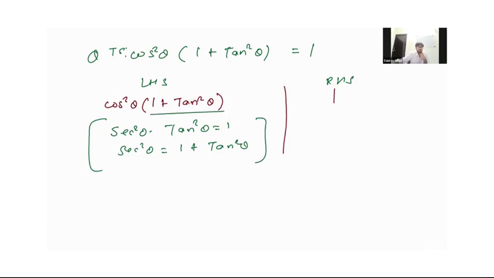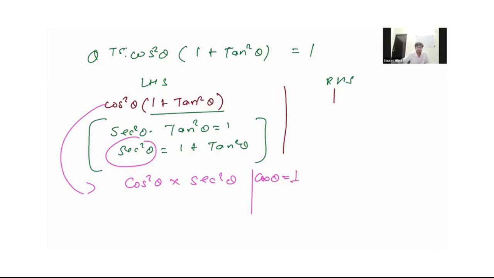So 1 plus tan square theta will be sec square theta. So we will write this as cos square theta into sec square theta. And we know that cos theta is equal to 1 by sec theta, or sec theta is equal to 1 by cos theta.